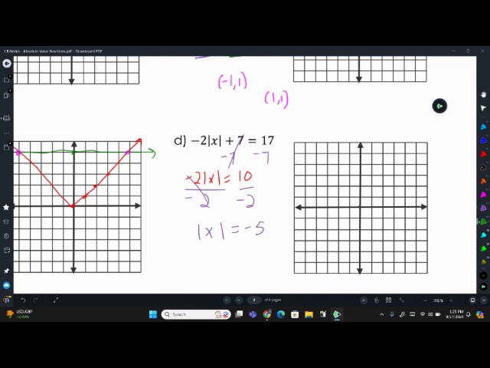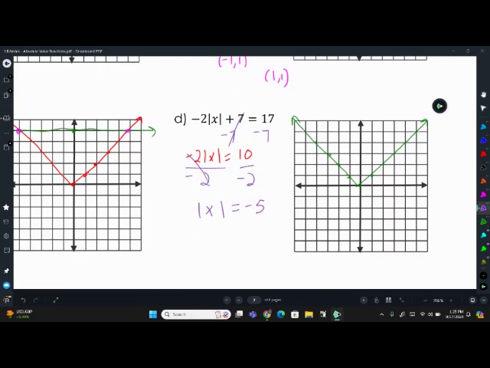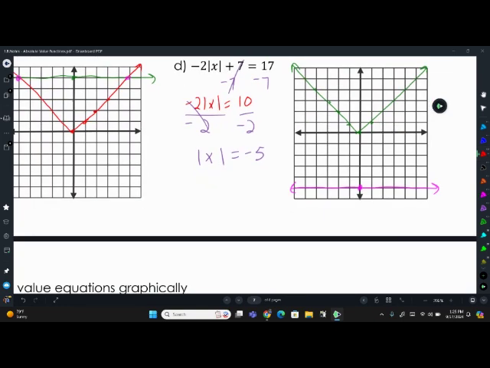So absolute value of x looks like this. And now y equals -5, 1, 2, 3, 4, 5. There's y equals -5. Those graphs don't touch at all, so there's going to be no solutions because they don't intersect.